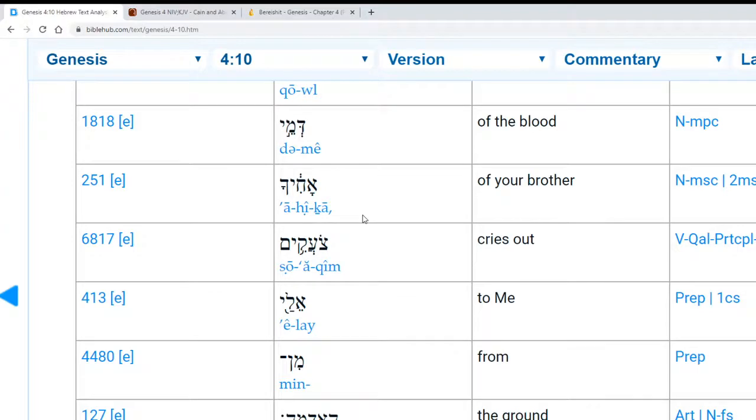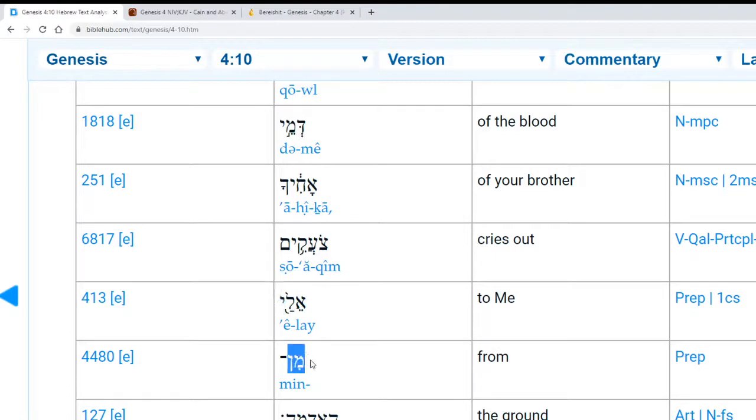Tzoakim. So tzadek ayin qof. I'm not sure we've had that before. To cry out, to shriek, I guess you could say. And that's just telling you it's in the plural masculine. So the blood is crying out. Elai, El being the preposition with the aleph, and the yud saying unto me, right? Are crying out to me.